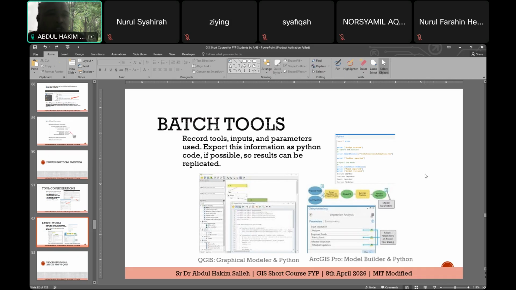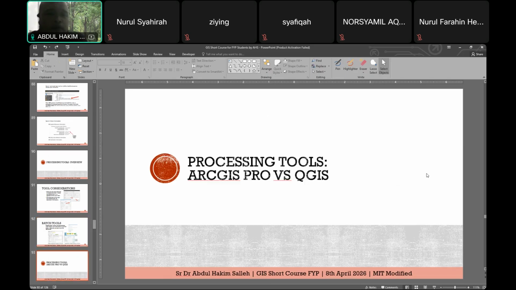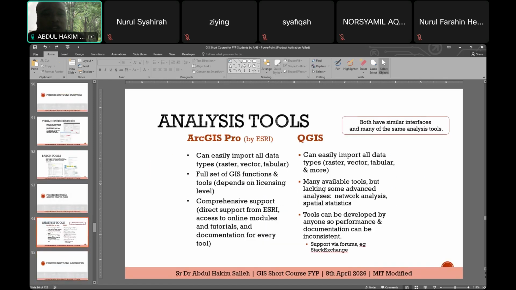It will process all at once. But if you put in errors, then yeah, you need to fill it in again. Right. If we compare ArcGIS and QGIS, I already explained this, isn't it? Okay.